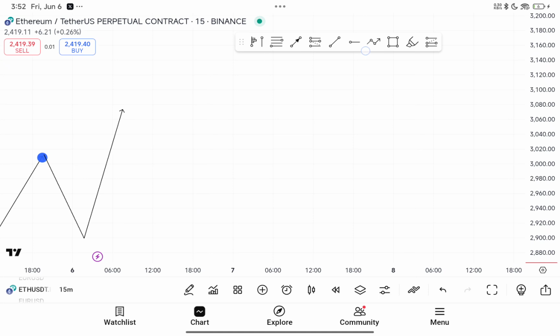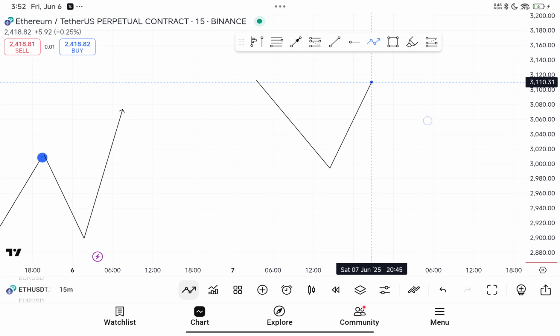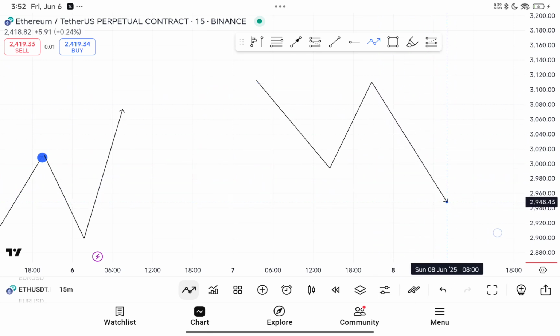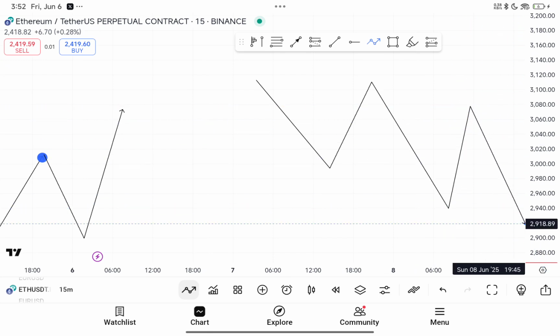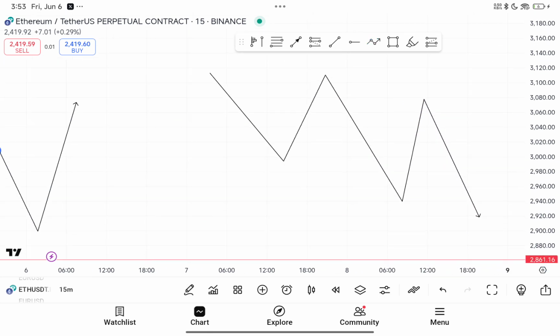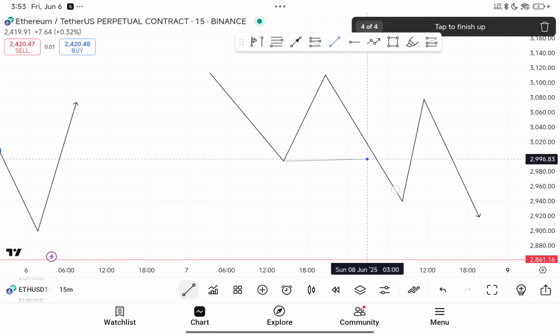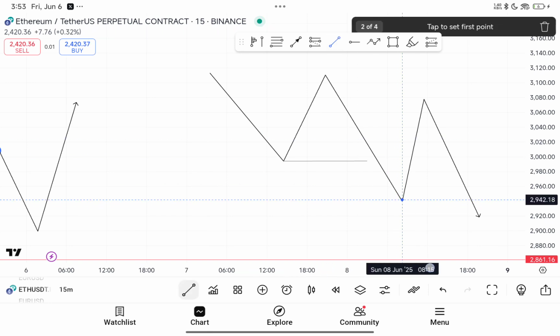For a downtrend, the same thing. Price moves down, goes up and makes a high, breaks structure and makes a lower low, goes up and makes a lower high, breaks structure and makes another lower low. This is where the break of structure occurred on this trend.